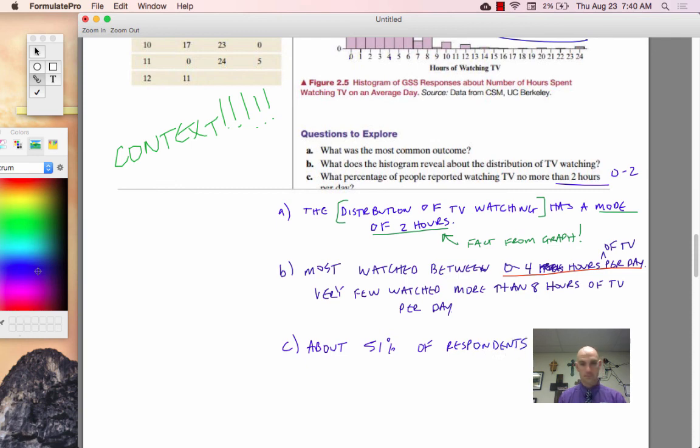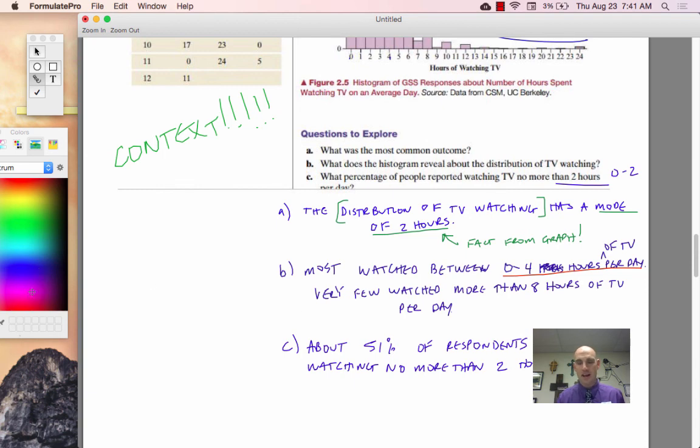reported. Important the way you say that. You say this is what they reported, not necessarily what they do. What they reported was 51% of respondents reported watching no more than 2 hours of TV per day.